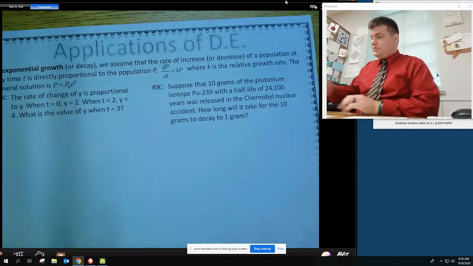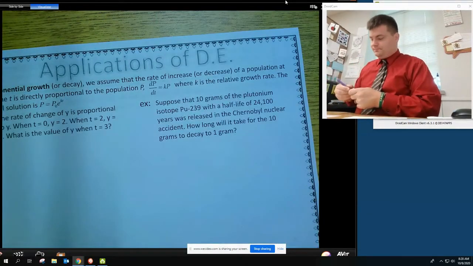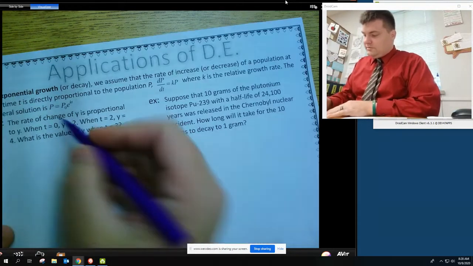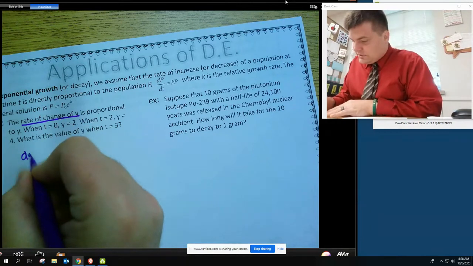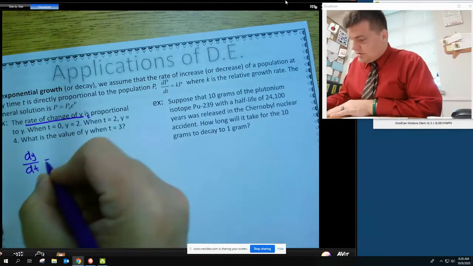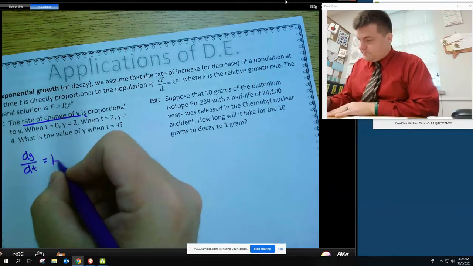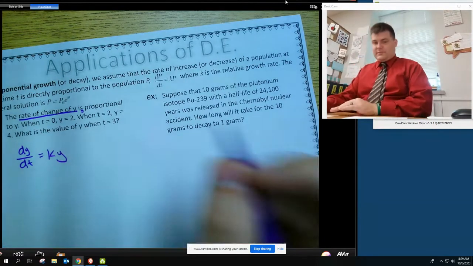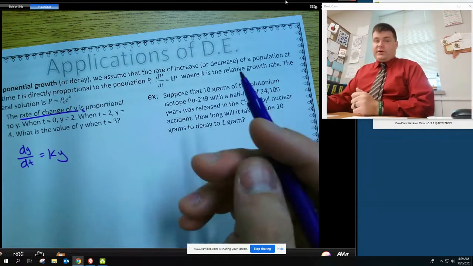Since it's directly proportional, the rate of change of y, which is dy/dt, is proportional to y, so it's going to be k times y. What we're going to do here is a real quick solve of this.